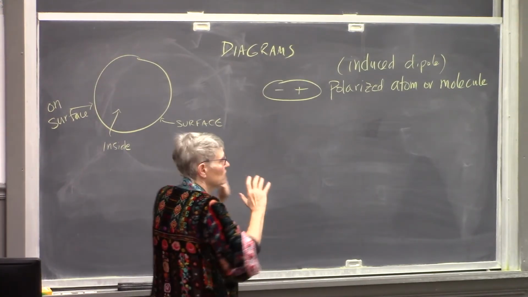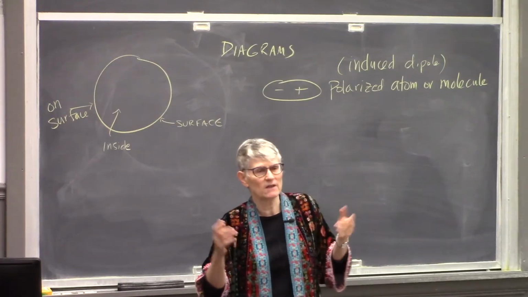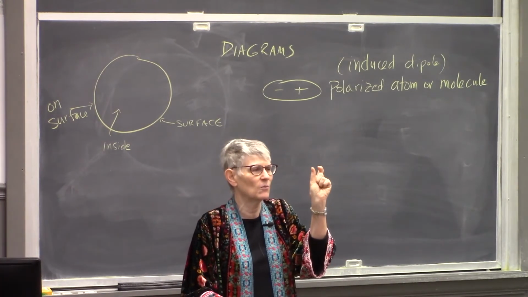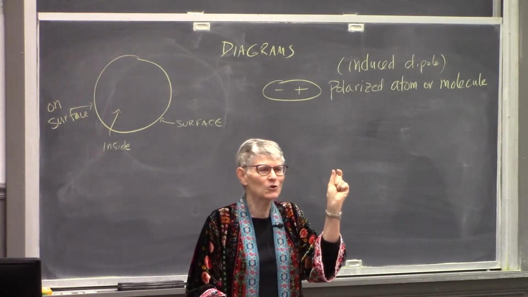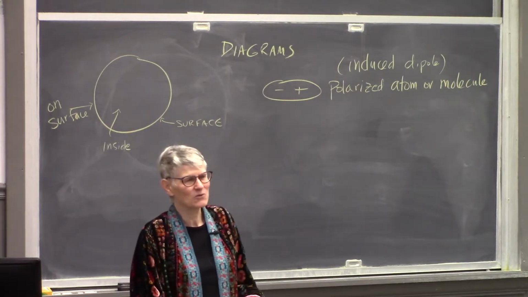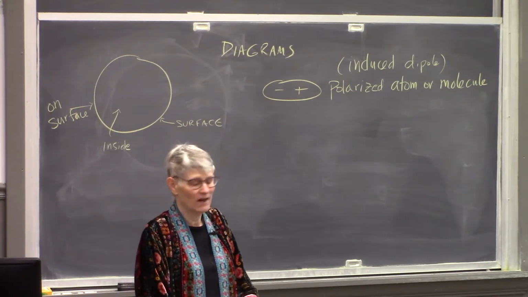And the electron cloud shifts just a little bit. We made an estimate in one situation where we found in an atom the electron cloud might have shifted as much as a nuclear diameter to make that atom into a dipole, so it doesn't have to shift a lot.